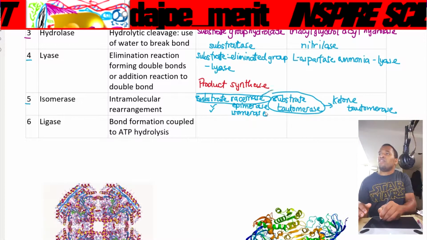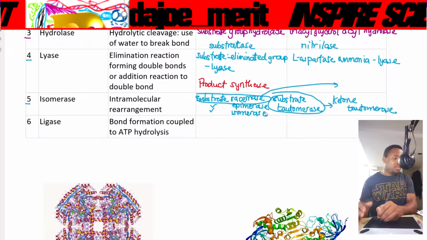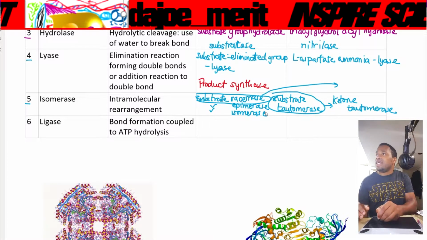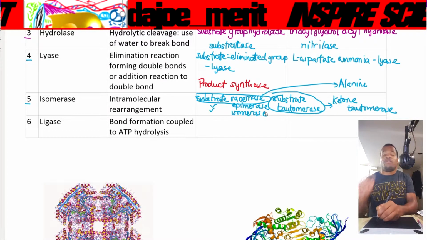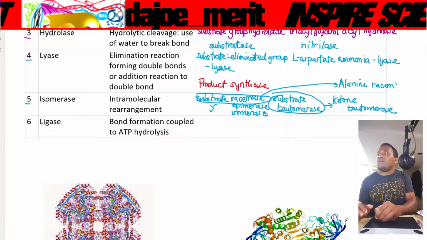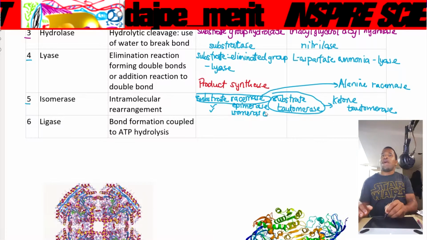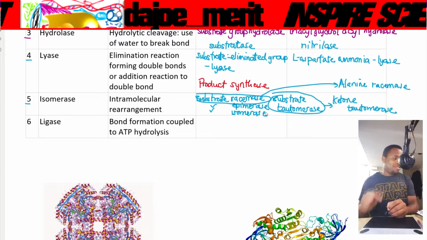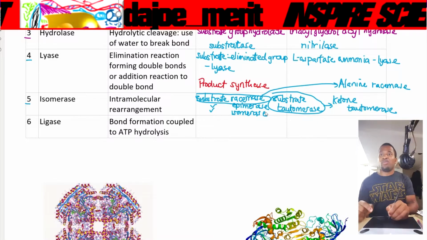And an application of this one right here is, let's say, an alanine, which is a type of protein, or sorry, amino acid, and this will have a racemic mixture or a racemic structure. There we go. And then finally, ligase, that is the one that we were talking about, where the bond formed is coupled with ATP hydrolysis.